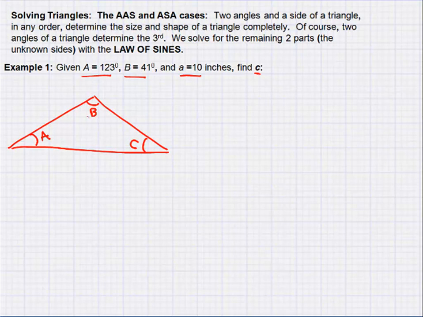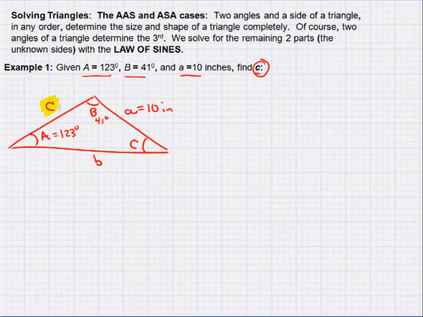If I label this A, B, C, then this has to be side A, side B, side C. And then from there I go, okay, well they told me that A was 123 degrees, B was 41 degrees, we don't know angle C, and we do know side A is 10 inches. So now we need to find the remaining parts. Well, the only part they really tell us to find is side C. So this is the side that we're looking to find.